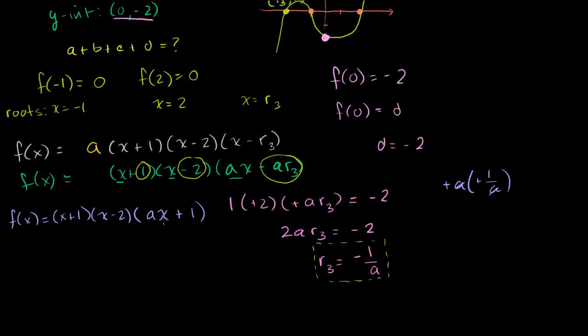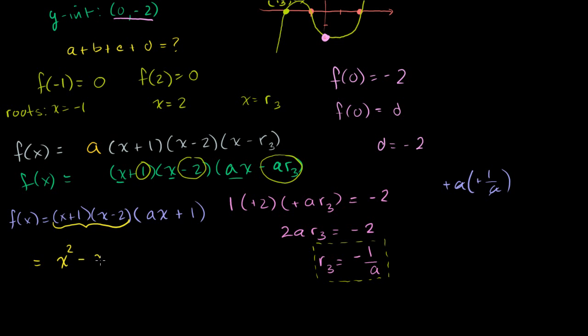Now let's multiply this thing out. Let's actually do the algebraic multiplication and see what we get. First I'm going to multiply these two terms. This is going to be equal to x squared plus 1x minus 2x.